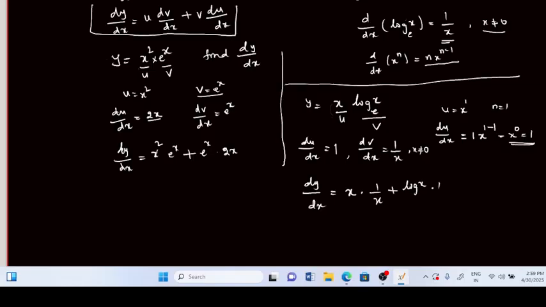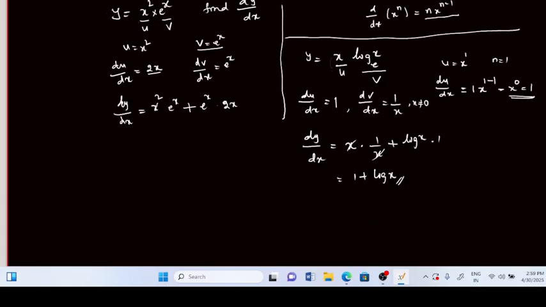So here we can see that x we can cancel. We can write it as 1 plus log x. So wherever there is possibility in the simplification, we simplify. We must avoid multiplications.